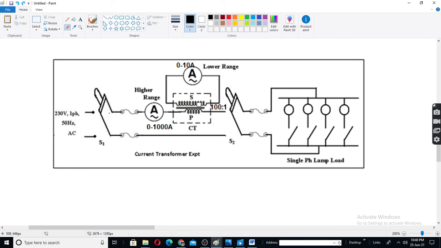Hence, in most cases, CTs are provided with a short circuiting switch like this. In the secondary, we will have a switch like this, with a terminal given like this.